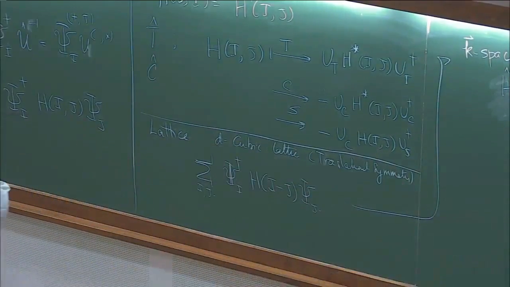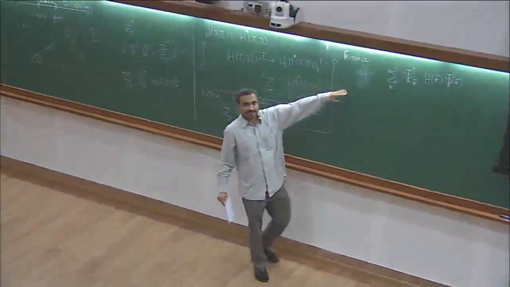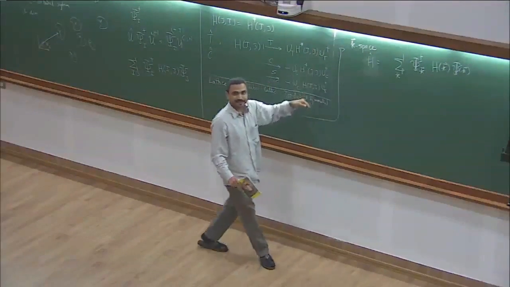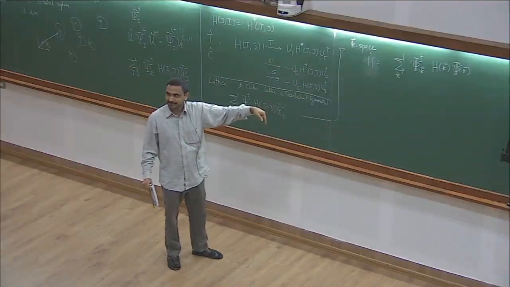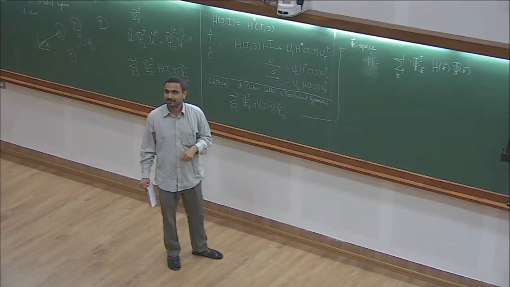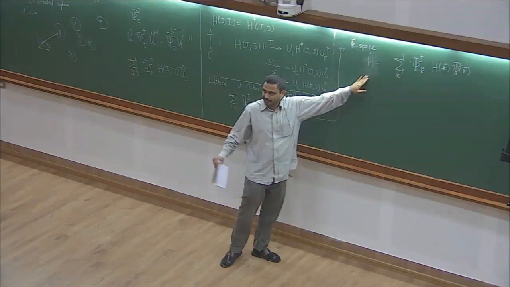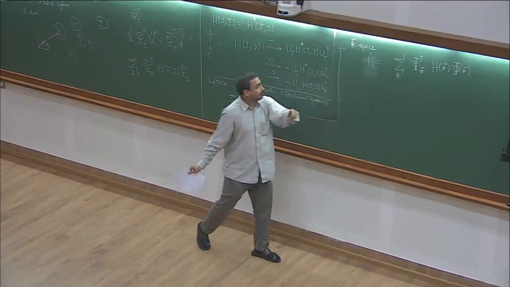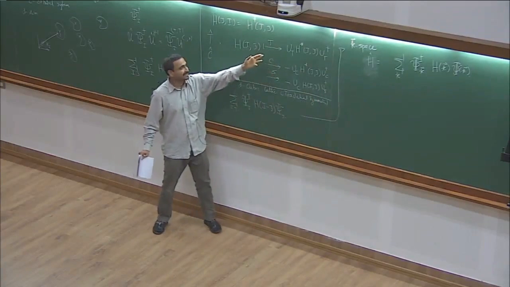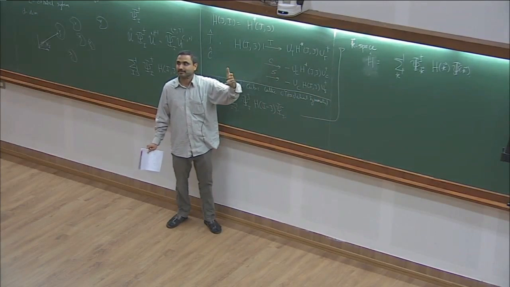Now let me just quickly make sure that everybody is following me. Suppose I take this Hamiltonian and impose any of these symmetries. What do you think that will do? So this is a generic Hamiltonian. It's just translational invariant. Now I demand these symmetries. Let's say I demand time reversal invariance, what do you think will happen?